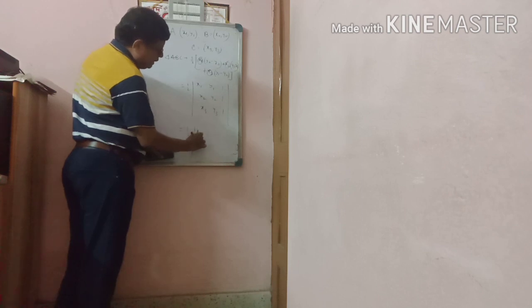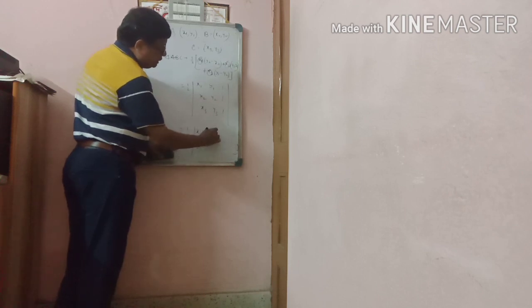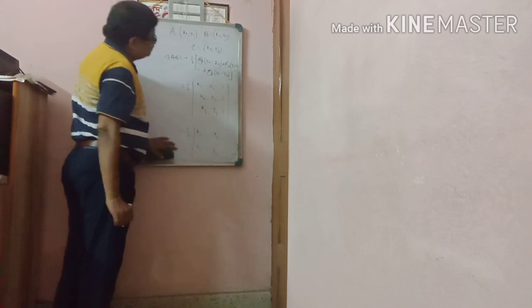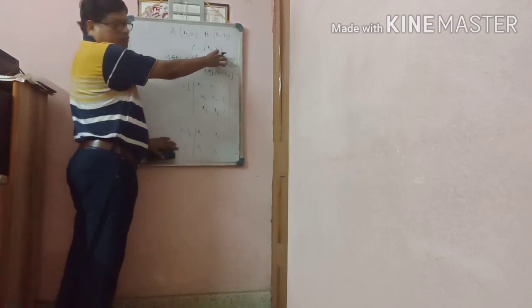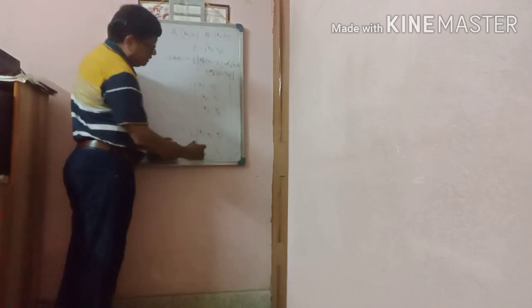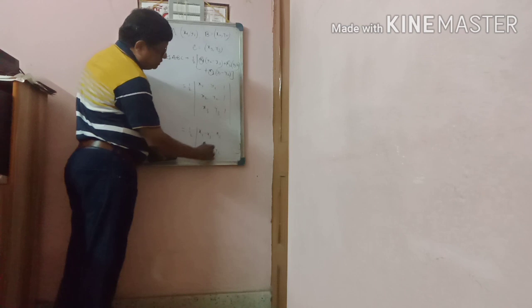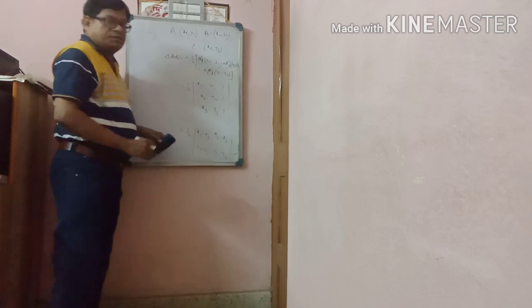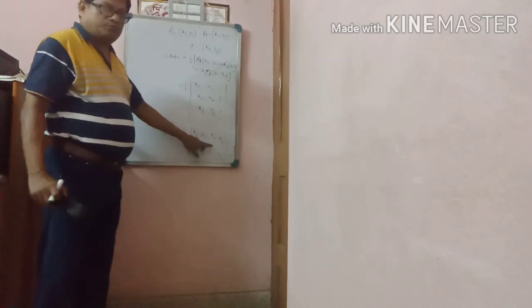Suppose x1 y1 we know, here write x2 y2. x3 y3 is left now, so minus x3, minus y3, minus x3, minus y3. This is also a very short form.